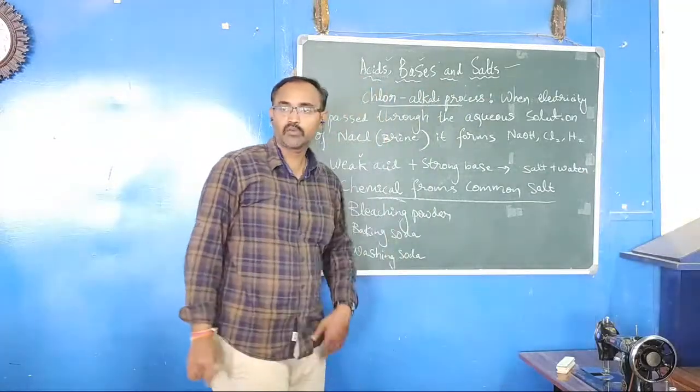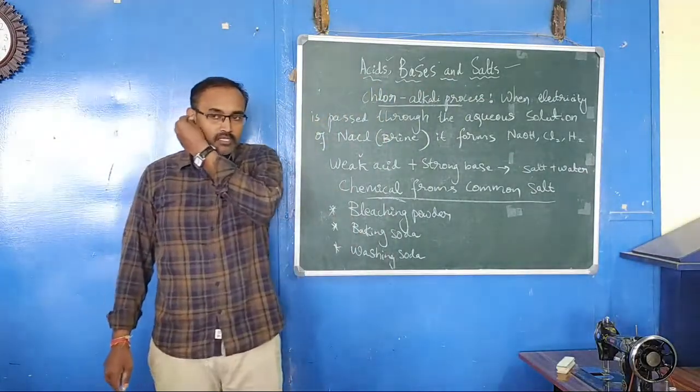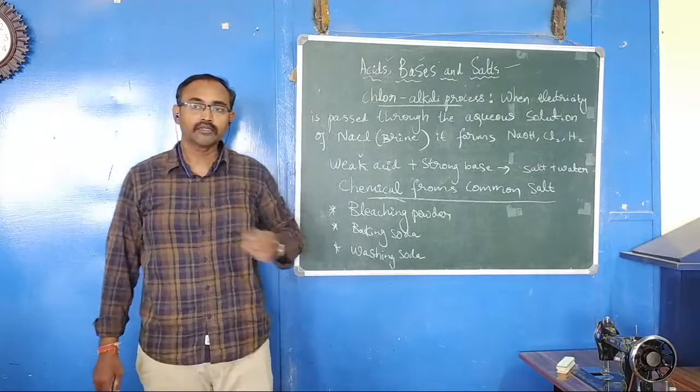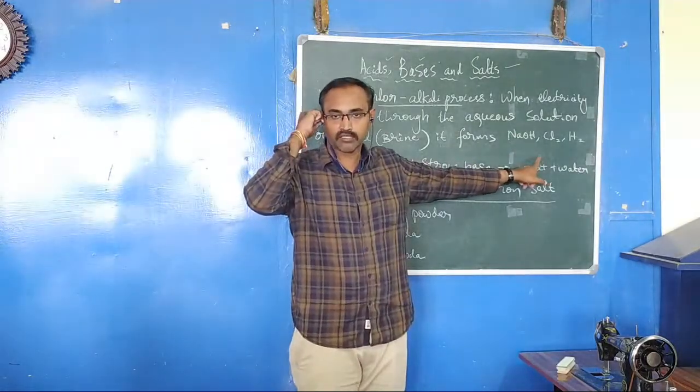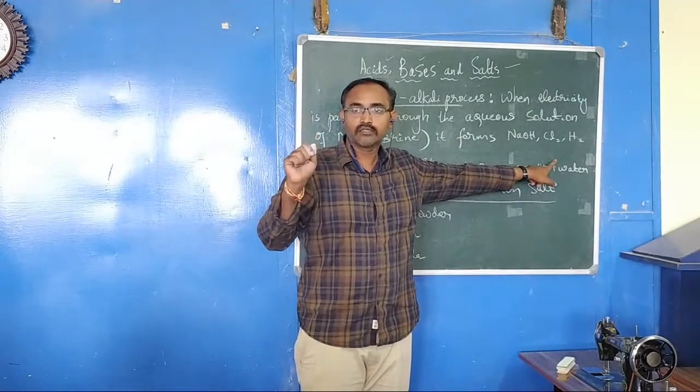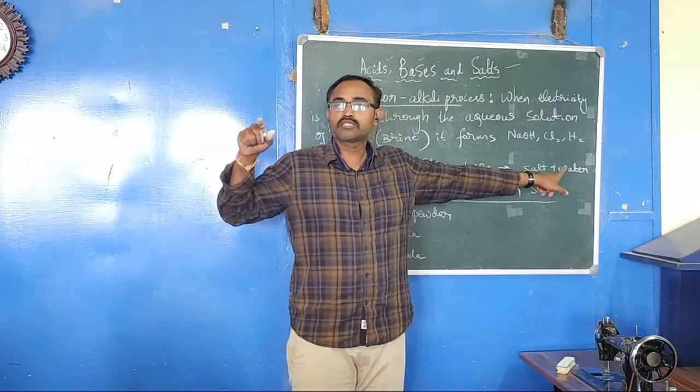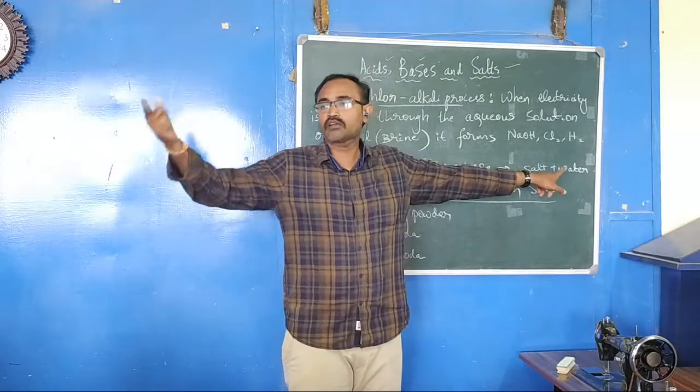So why the name chlor-alkali? Because the products formed are a base, sodium hydroxide, and chlorine. What is the base that dissolves in water called?